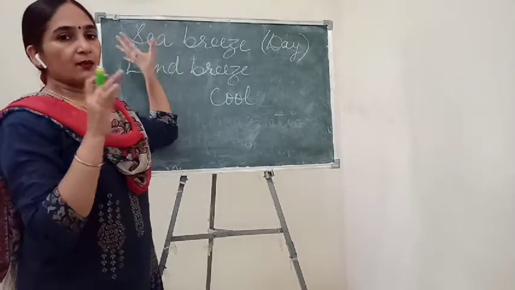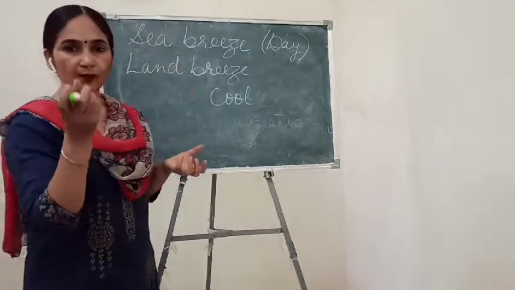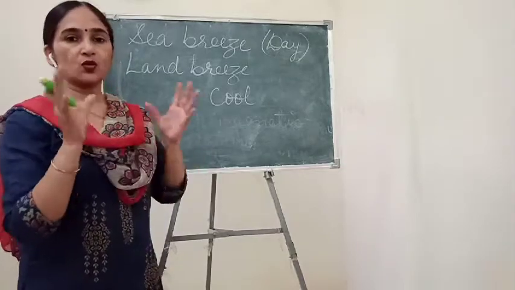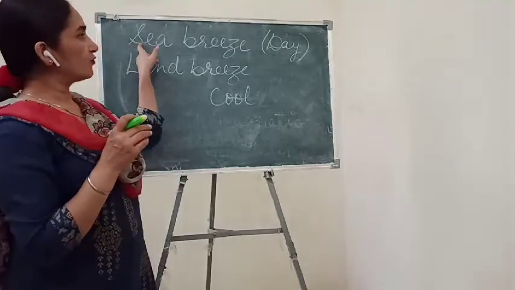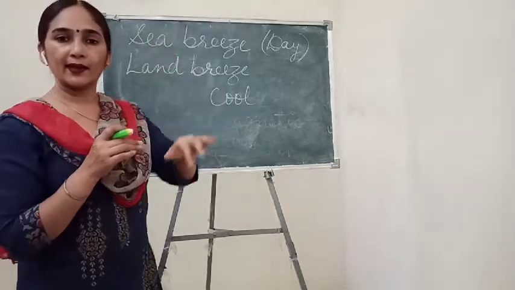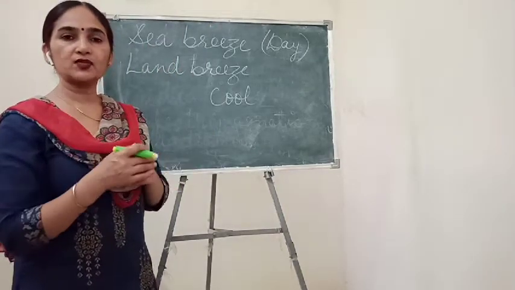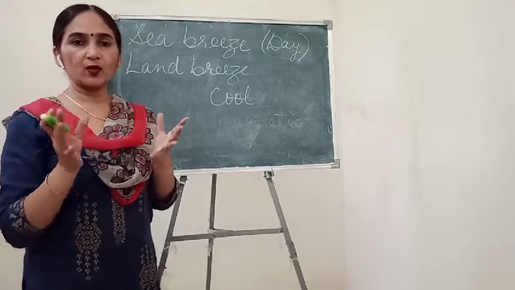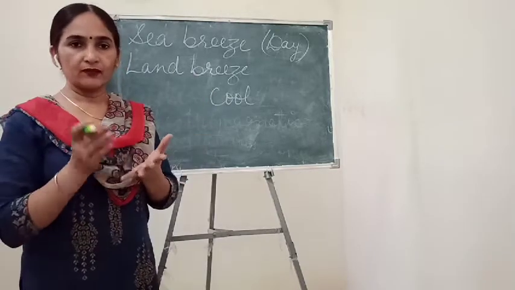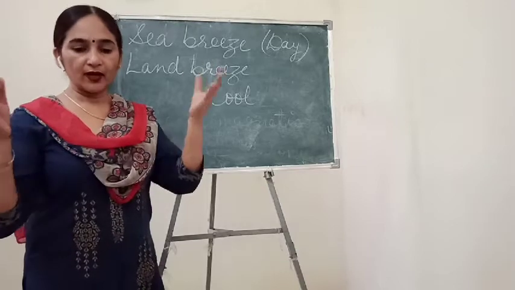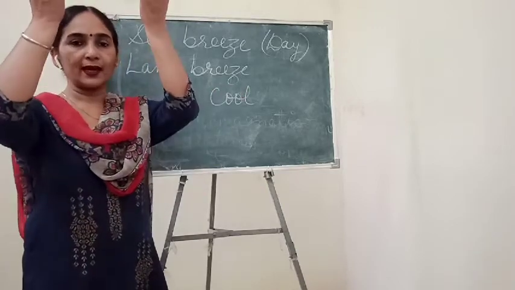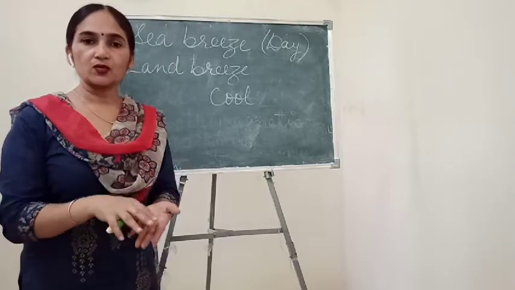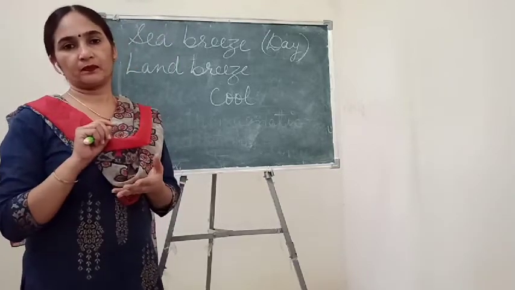Sea breeze, because by the evaporation of that water, air becomes cool, and air moves from sea to land to take the place of hot air. Because during daytime, what is going on? Land gets heated by the sunlight, and when hot air moves up on the land, then cool air from the sea comes and takes the place of that hot air. Understand?